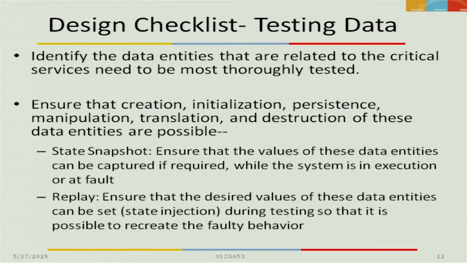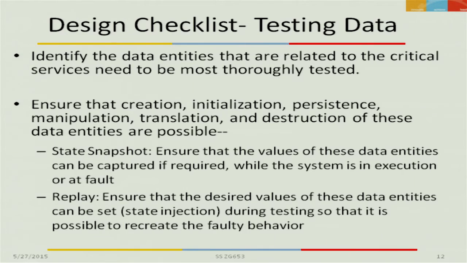So one is that use a technique called state snapshot, where ensure that the values of these data entities can be captured if required while the system is in execution or at fault.